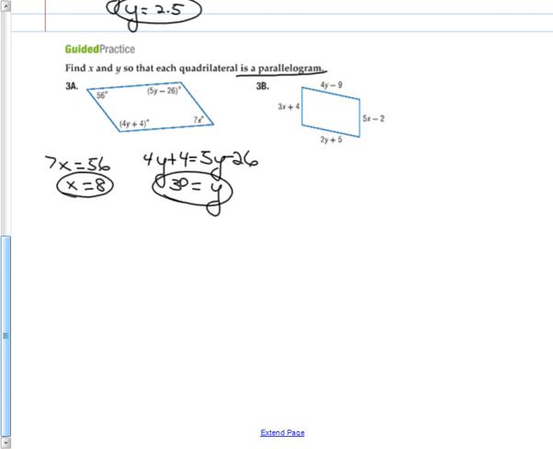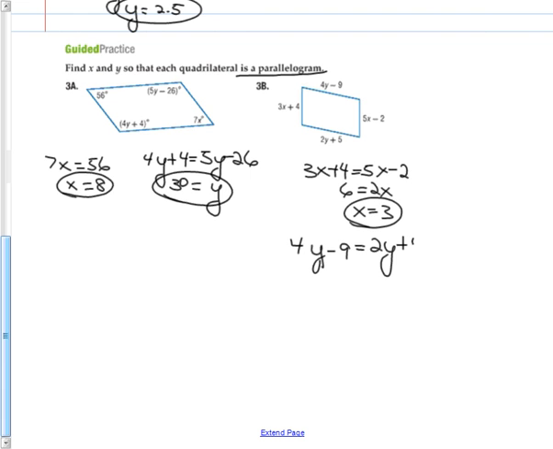So over here, tell me about 3x plus 4. I'm going to subtract my 3x and 2x, add my 2, which would make it 6. X is 3. And I know my 4y minus 9 equals 2y plus 5. Subtract my 2y, so that's 2y. Add my 9. 14. Y is, yeah.